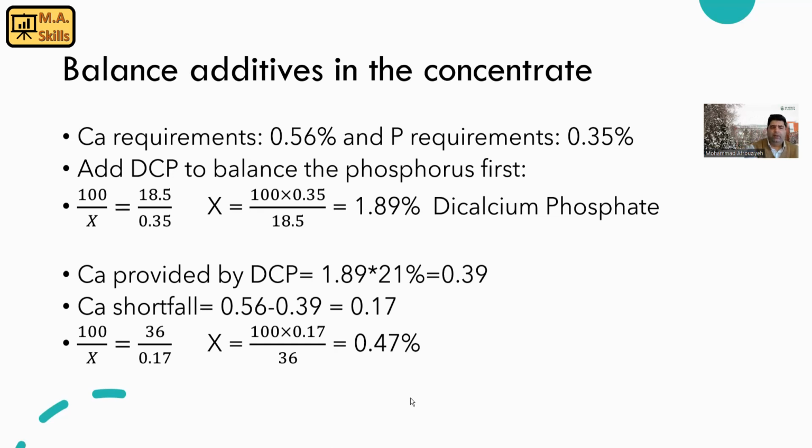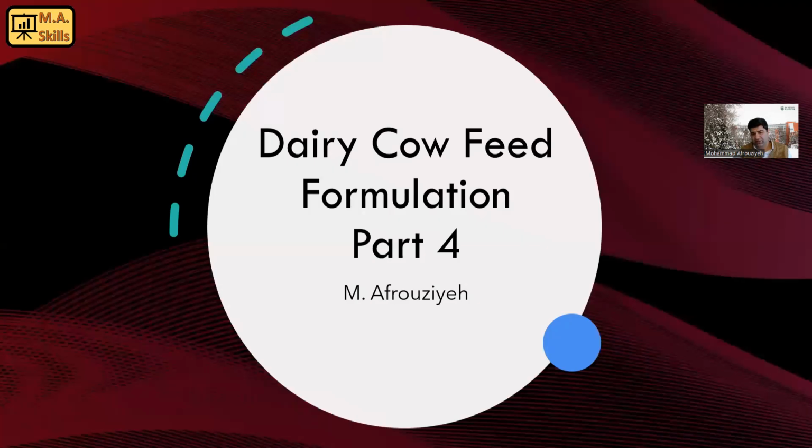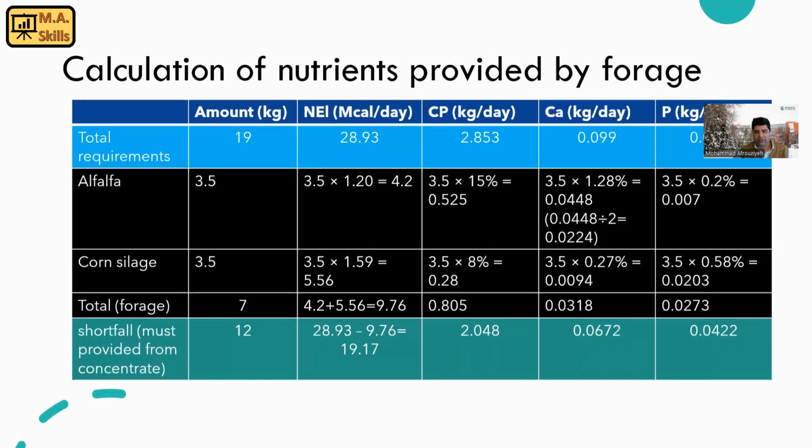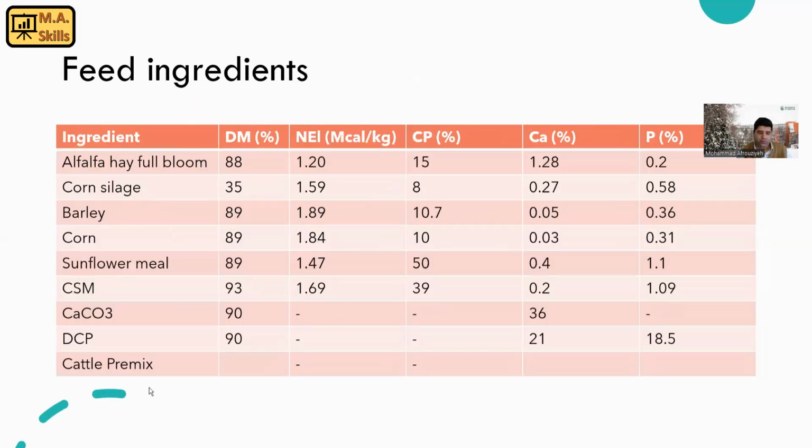So based on our feed ingredients table that I showed you in the previous episode, you can see dicalcium phosphate has 21% calcium and 18.5% phosphorus.